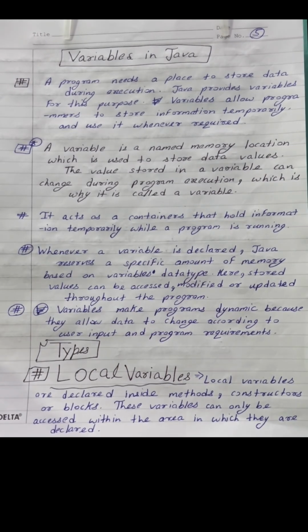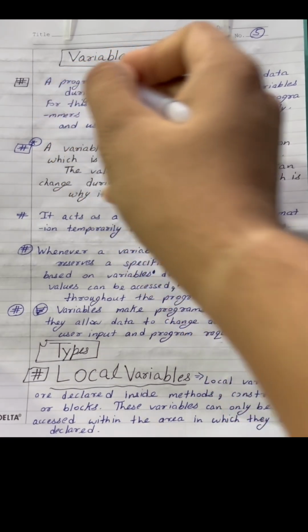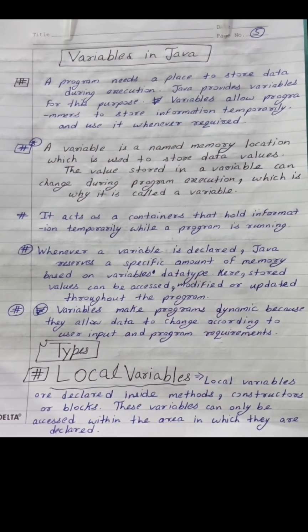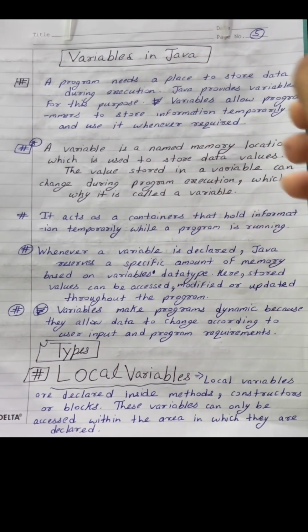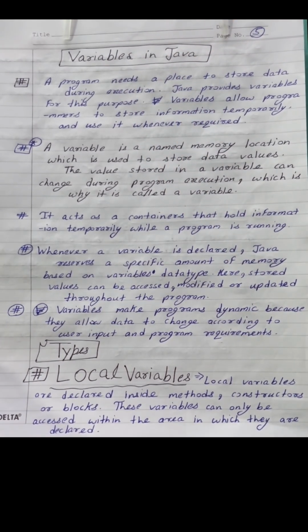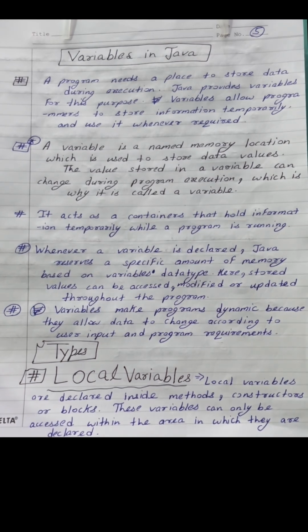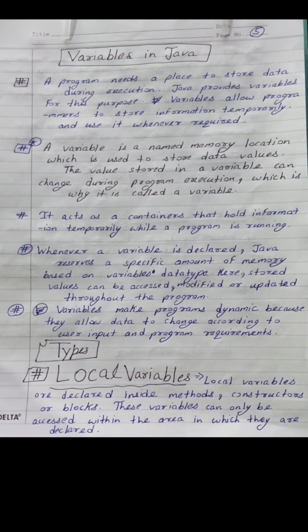It's a simple definition, but first we should know that a program needs a place to store the data during execution, and for that Java provides variables for this purpose, and variables allow the programmers to store information temporarily and use it whenever required.